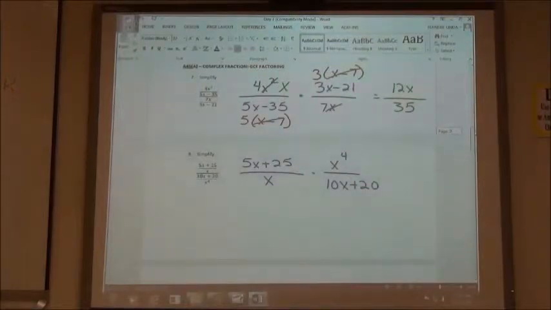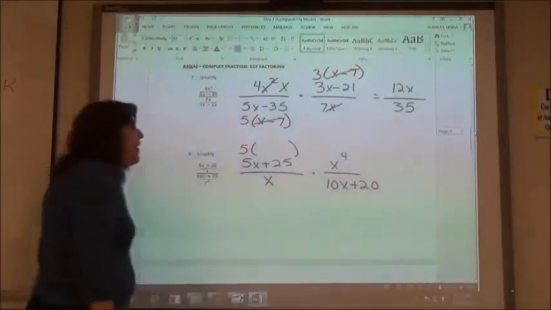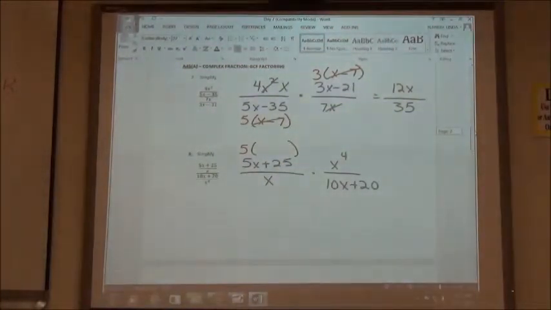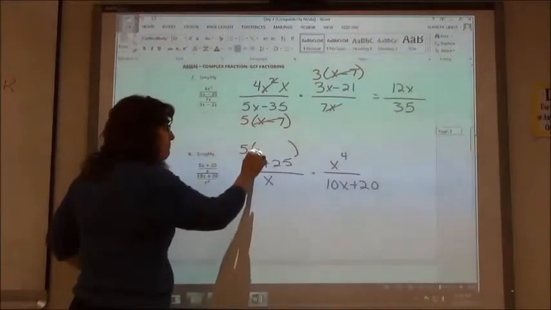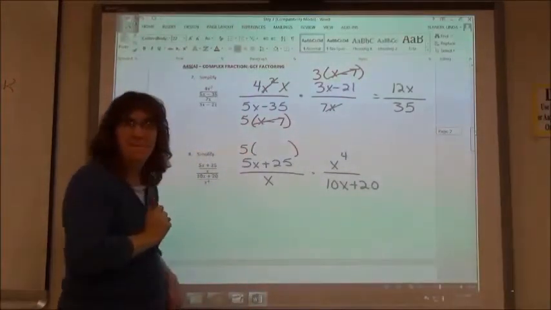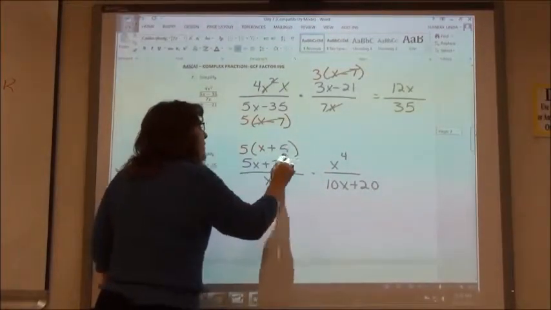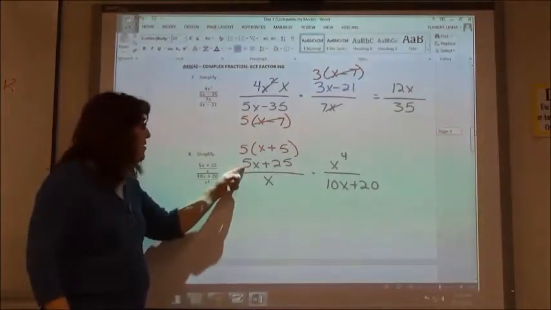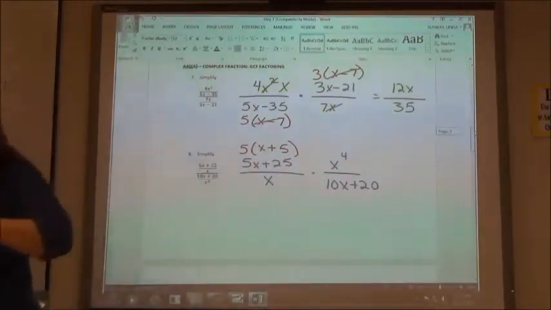So 5x plus 25 are both divisible by 5. So 5 goes out in front. And when I factor the 5 out, I get what in my parentheses? X plus 5, right? If I take a 5 out of here, I get just the x. 25 divided by 5 is 5, right?